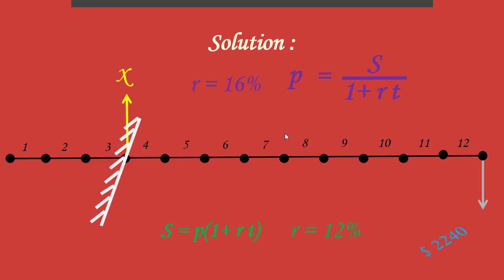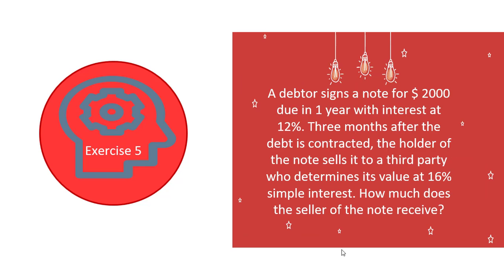In time diagram, I'll get the amount by using formula S equal B times 1 plus RT with a rate of 12%. After getting the amount, I need to get the payment that the buyer will receive. How much does the seller of the note receive?